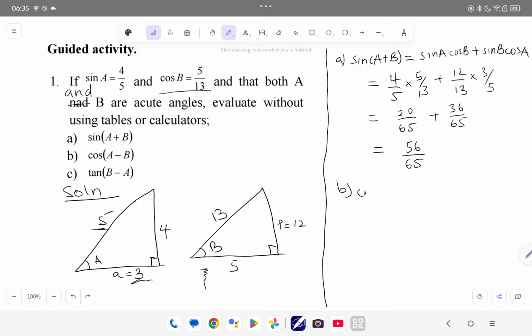Then part B, we have cos(A minus B). In our formula, this will be cos A cos B plus sin A sin B. Please always take note of the change of sign from negative to plus. Now I leave it to us to substitute the values. Cos A is adjacent over hypotenuse, 3 out of 5. Cos B is 5 out of 13.